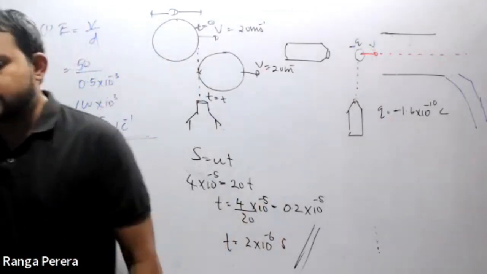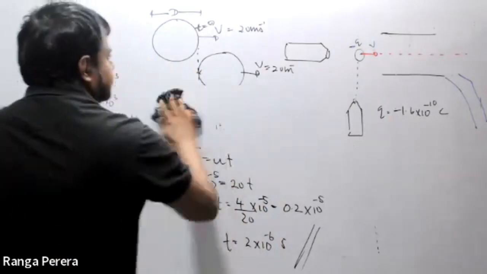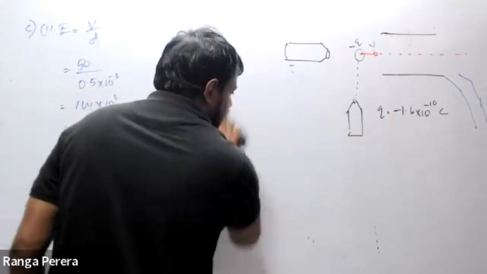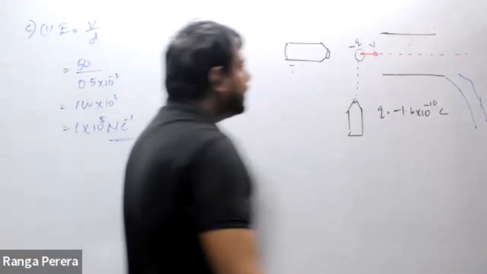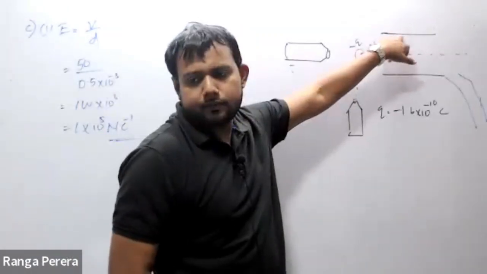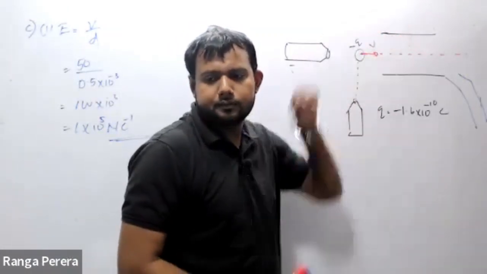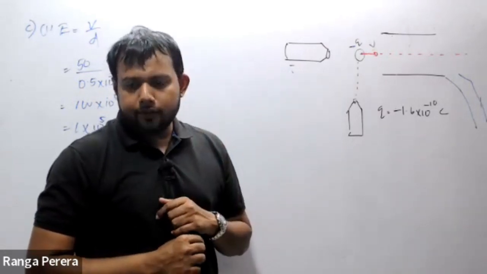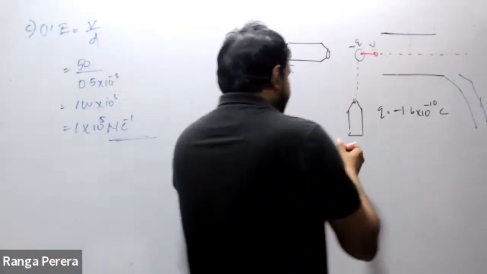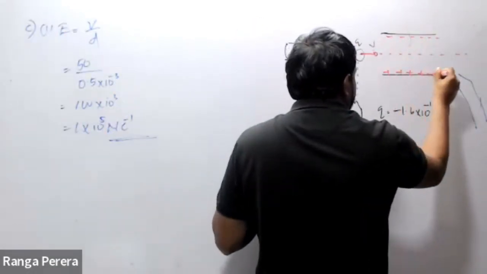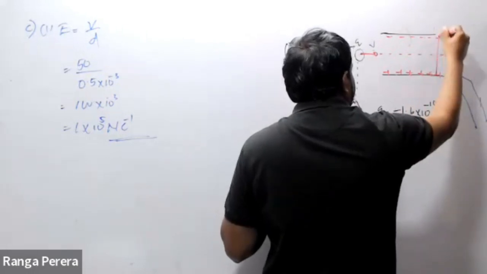Yes, that's correct. Now tell me, do we need to think about what kind of charge it should be then? Positive one or negative one? It is negative one. I think everyone agrees with that. If it is negative, this must be positive. So that tells us the electric field is upward.